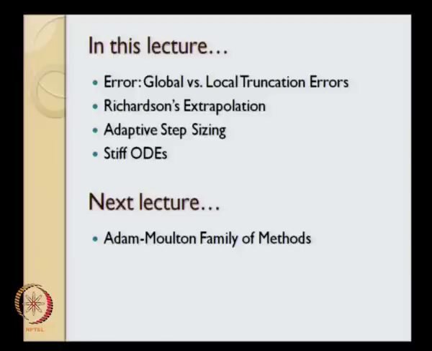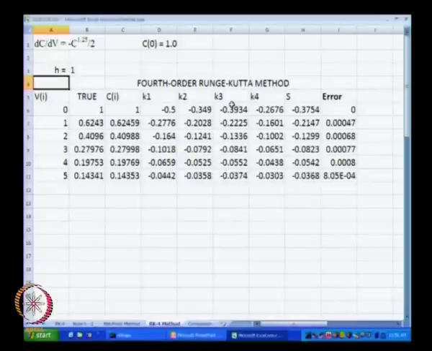Okay. So now let us go to this lecture. I will again go to Microsoft Excel and pick up a sheet that we were using in the previous lecture. So let me bring up Microsoft Excel over here. This is the sheet that we were using in the previous lecture. What we wanted to solve is dC/dV equal to minus C to the power 1.25 divided by 2.